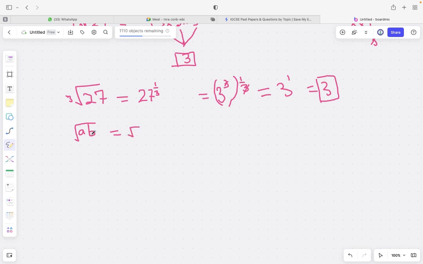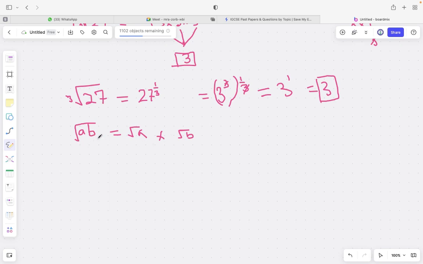You can find the roots of the factors as root A times root B. This is one of the properties, where as long as A and B are greater than 0, any number greater than 0, this rule holds. Rule number 1.